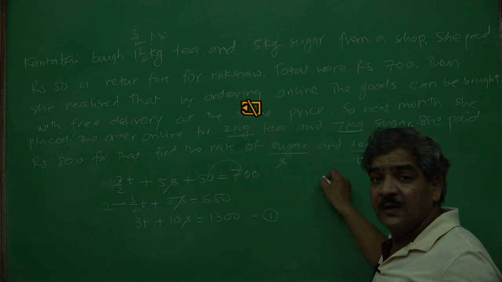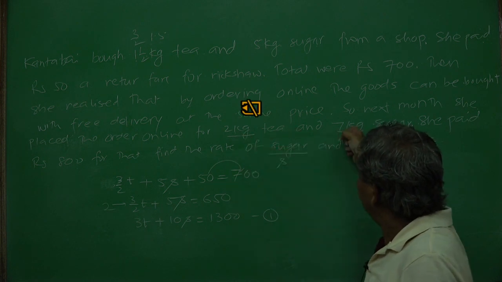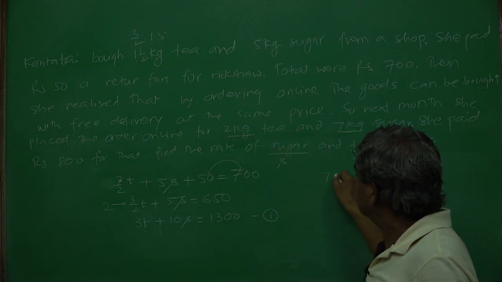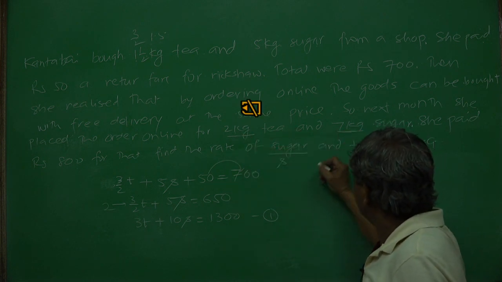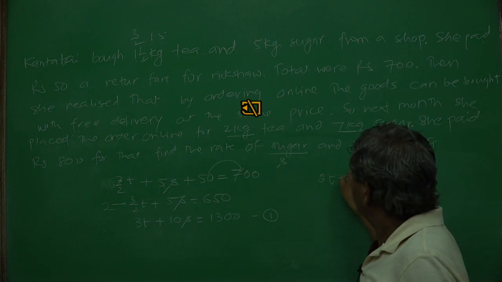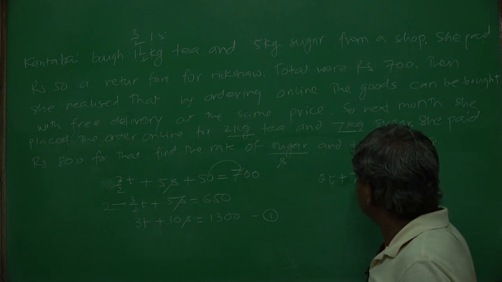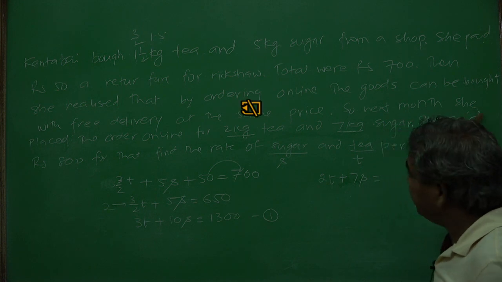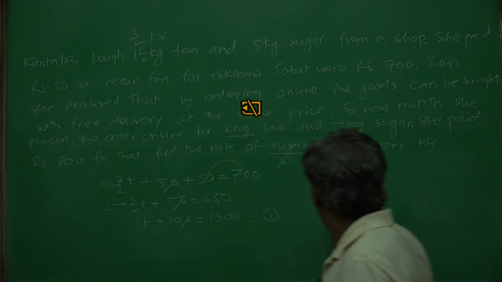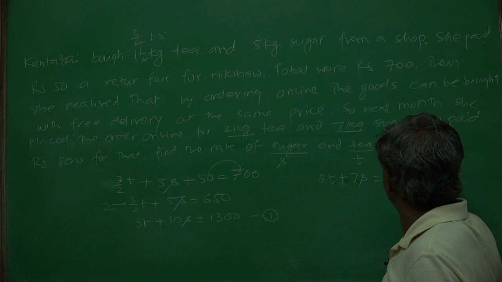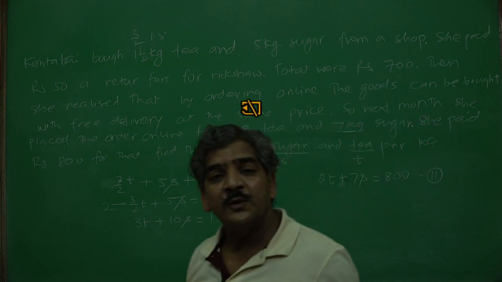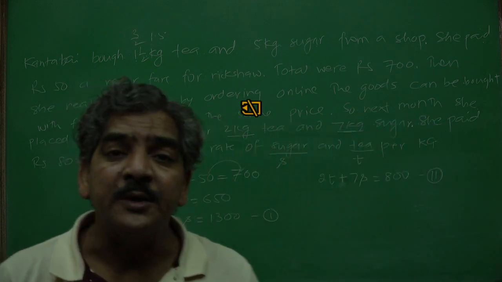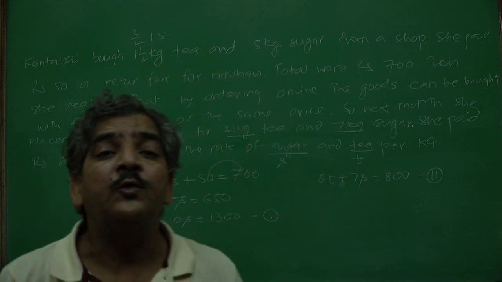So the total cost will be 2T plus 7S, and that is equal to 800 rupees, since she paid 800 rupees. So this is equation number 2. So simple. Here I generated two equations in two unknowns.